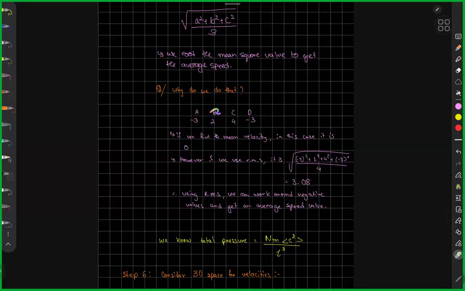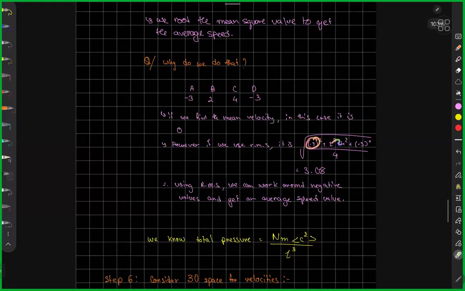Basically, look, when I have multiple velocities over here, one may be negative, one may be positive. It's valid, it's possible. They can be traveling in different directions with different amounts of speed. So what we do, we basically square those values out, and what we get are positive squared values. Then we divide them by however many values there are or however many atoms there are, then take a root of them.